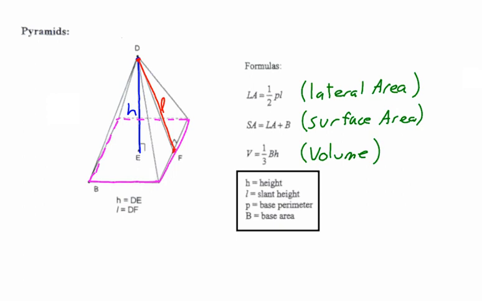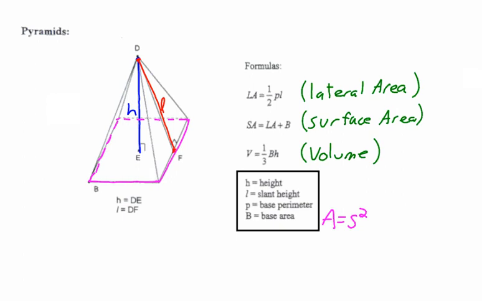If you remember the formula for the area of a square, it is simply the length of the side squared. Since all four sides are the same length on a square, just take one side, square that value, and that will give you the area of the square.